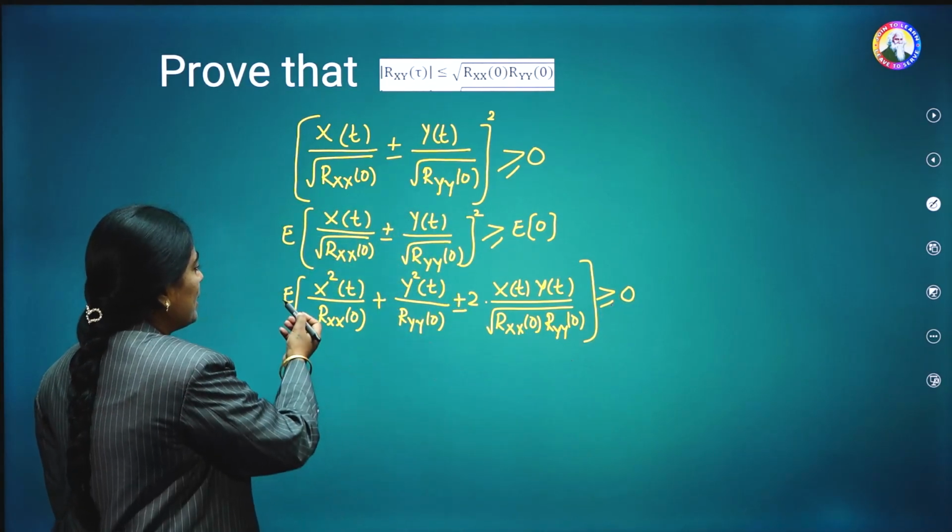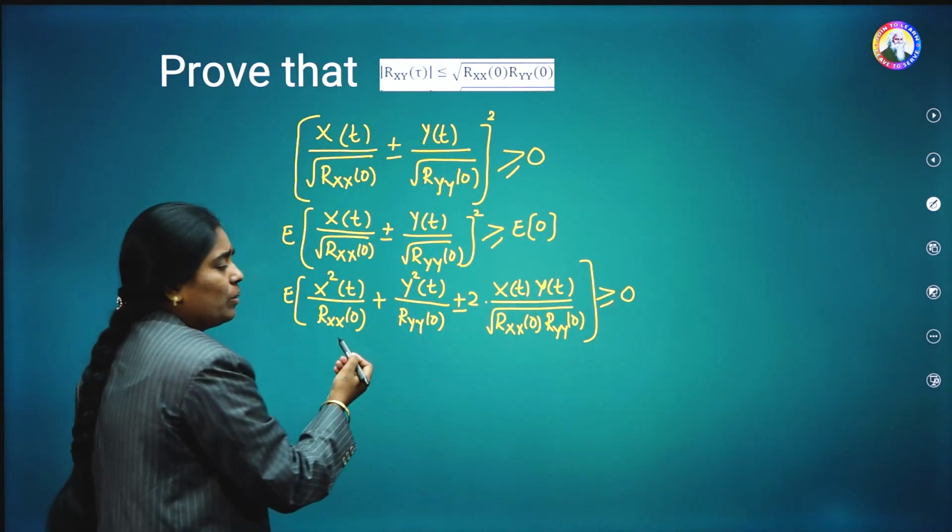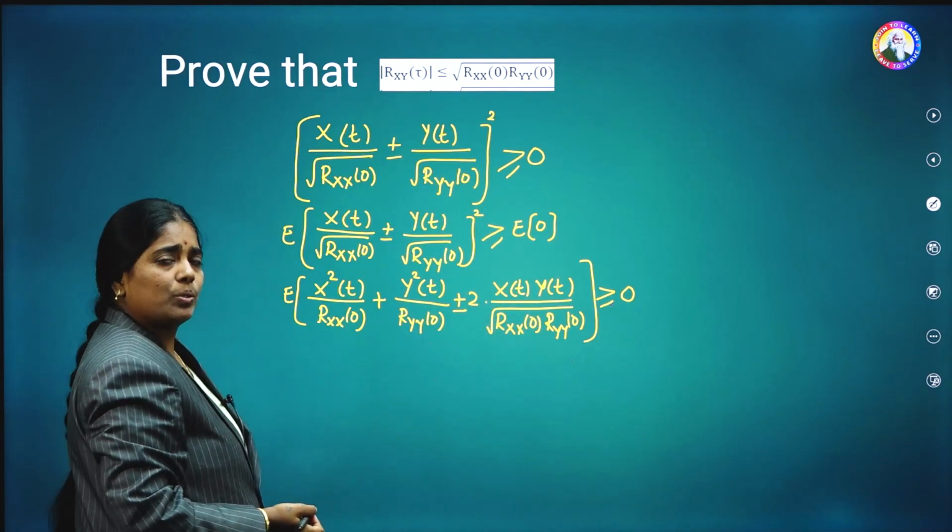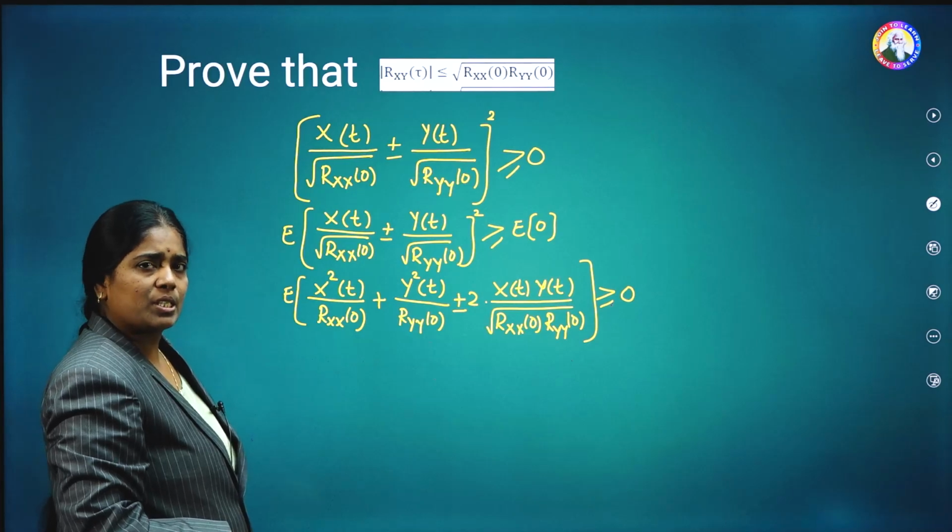Now, apply expected value to every term present in the whole bracket. We know that E of x plus y is equal to E of x plus E of y.